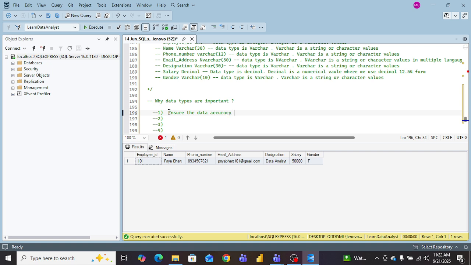No wrong data type can enter the field or column.